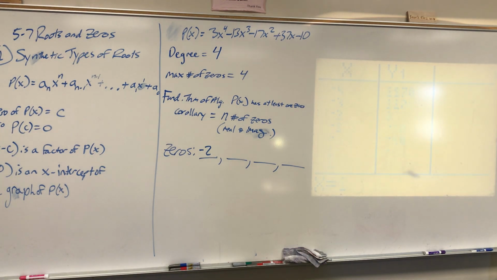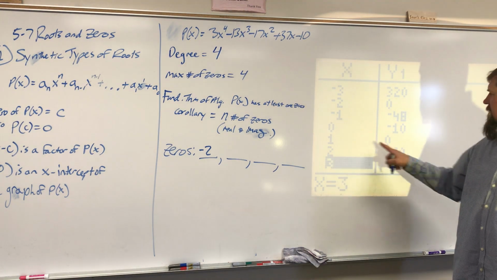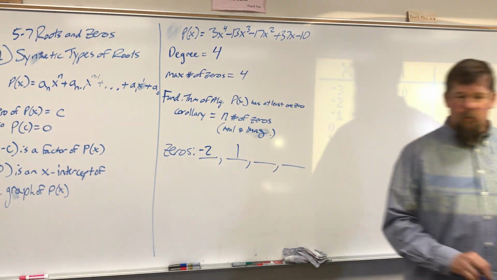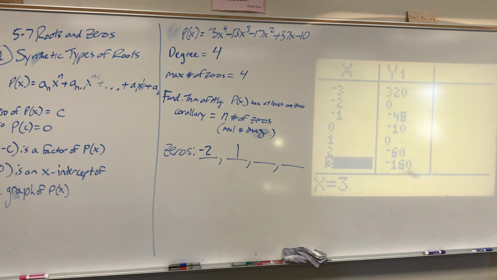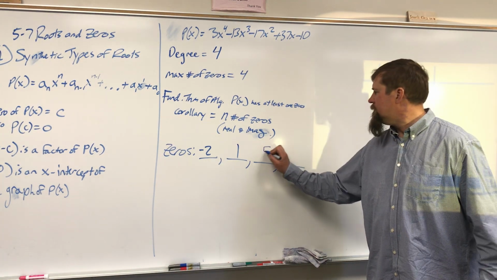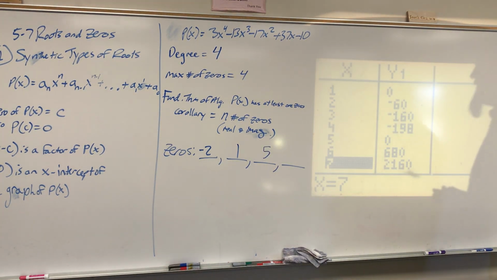I also know that 1 is a 0. We're always looking for the same number of zeros as the degree. Oh, it looks like 5 is a 0. And we're looking for another 0, knowing that there's probably 4 of them.